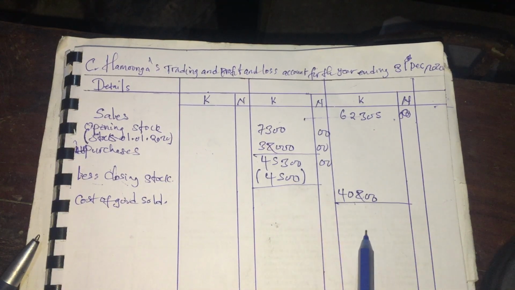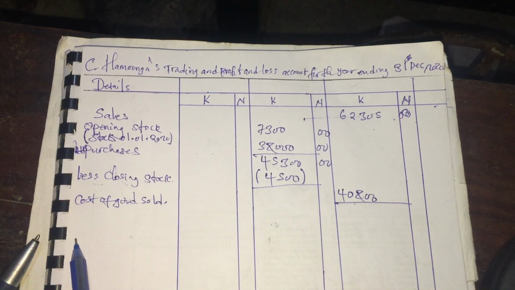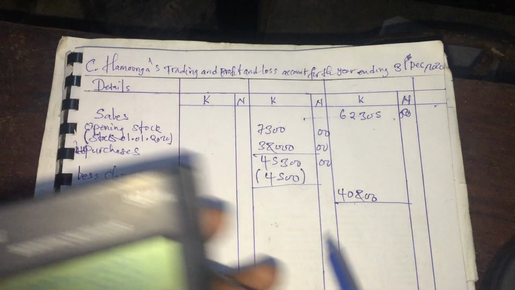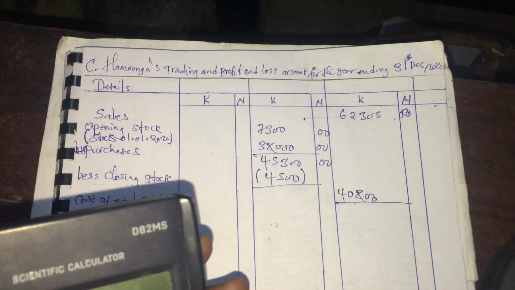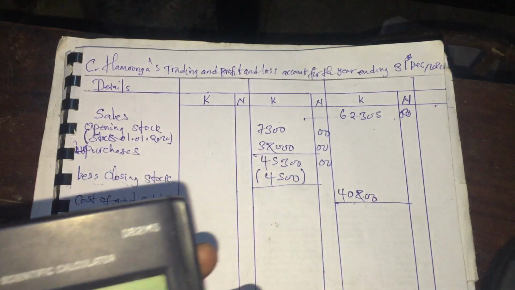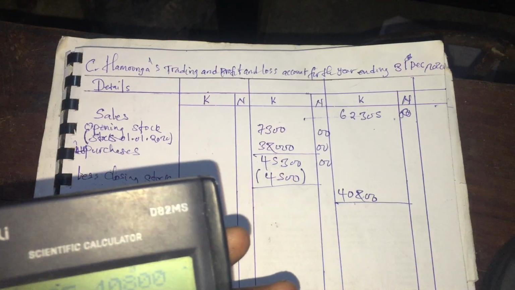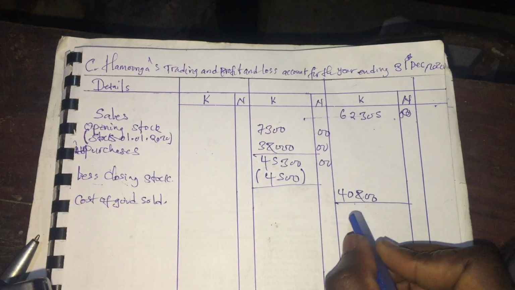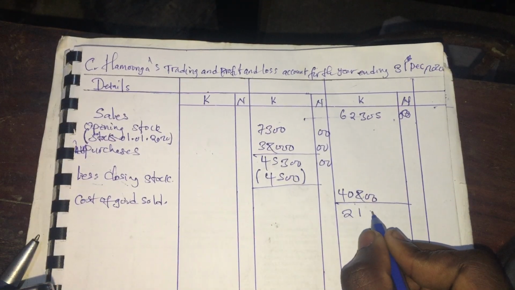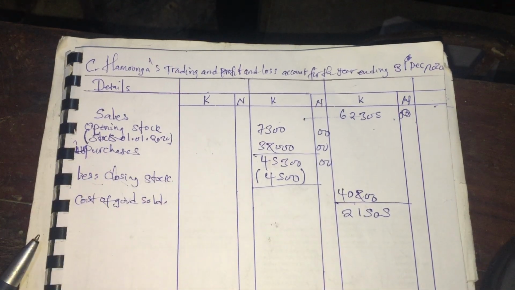If we don't have a negative answer, the amount is named the gross profit. So let us substitute: 62,305 minus 40,800 is 21,505.